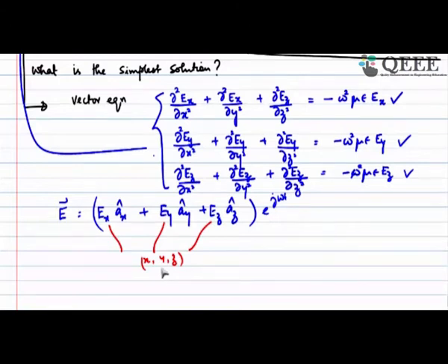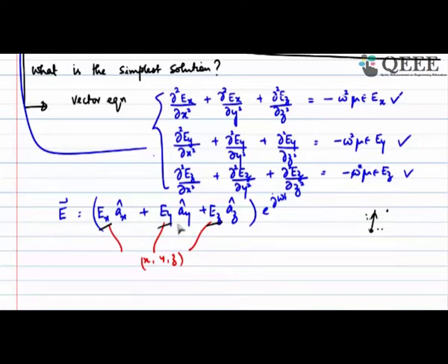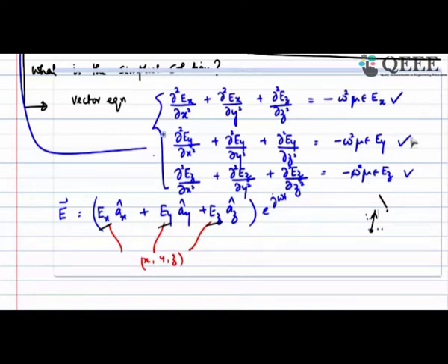It's complicated, isn't it? It's not very complicated. It just tells you that if I pick a point in space, at that point the E vector has three components, some x component, some y component and some z component. When I go to the next spatial location, it's likely that my Ex is changing, Ey is changing, Ez is also changing, which means the vector can point in a totally different direction. That's all it says.